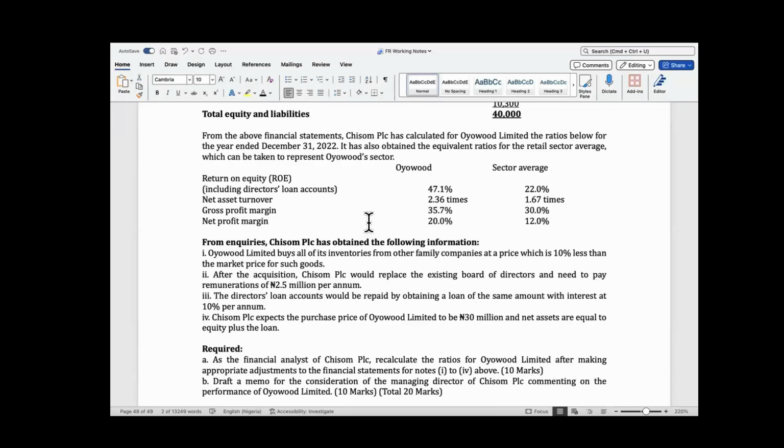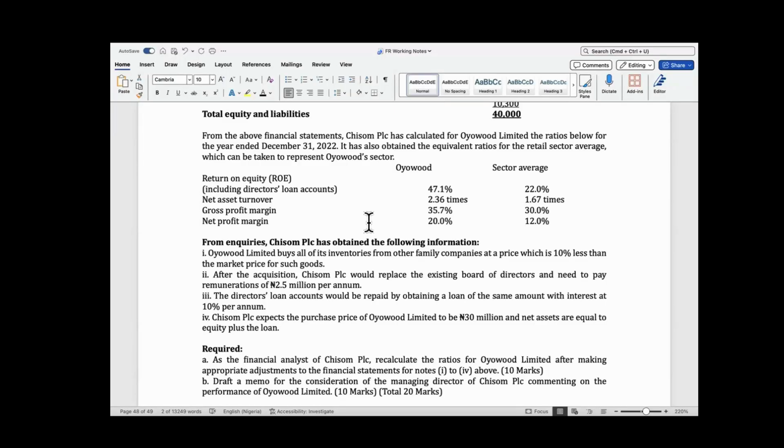From the above financial statements, Chisom PLC has calculated for Oyowood Limited the ratios below for the year ended December 31st, 2022. It has also obtained the equivalent ratios for the retail sector average, which can be taken to represent Oyowood sectors. So we have Oyo Wood and the sector average. The first ratio we have here is return on equity.